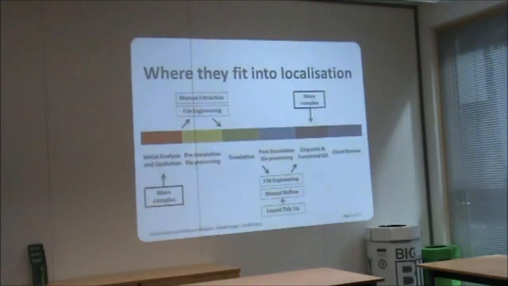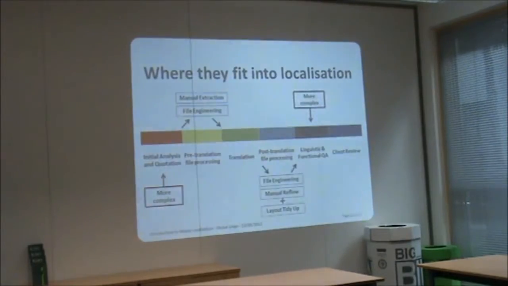So if you can get that nailed straight away in that first stage, you not only get your costing right, but you also plan out and hopefully set the foundations for a smooth project. Then, as I said, after post-translation file processing, you might have a more complex QA stage.